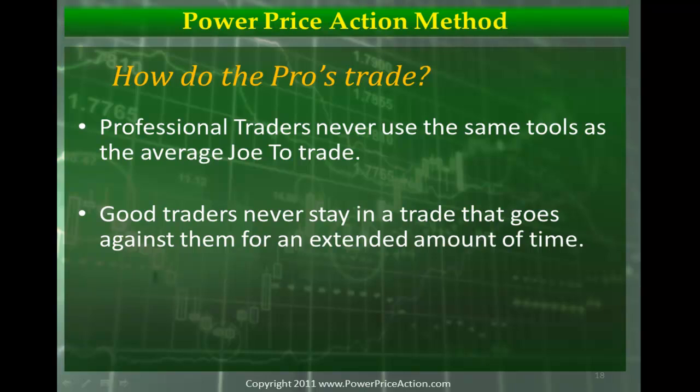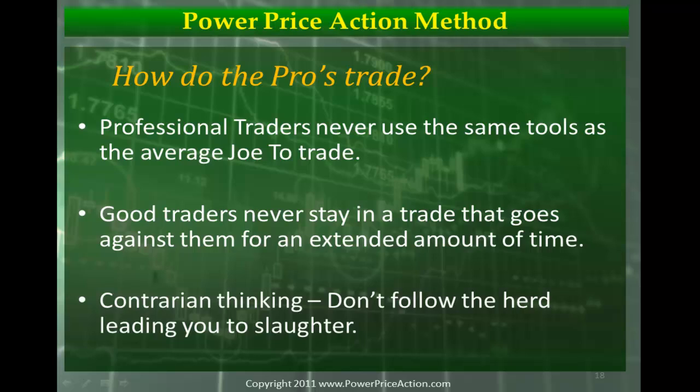Professional traders never use the same tool as the average Joe to trade. You're never going to see a professional trader look at all the indicators that you guys have. They never look at the same stuff. Contrarian thinking. Don't follow the herd. It will lead you into slaughter.